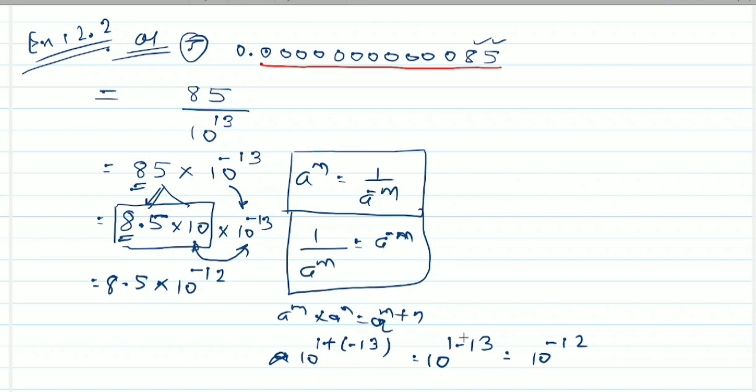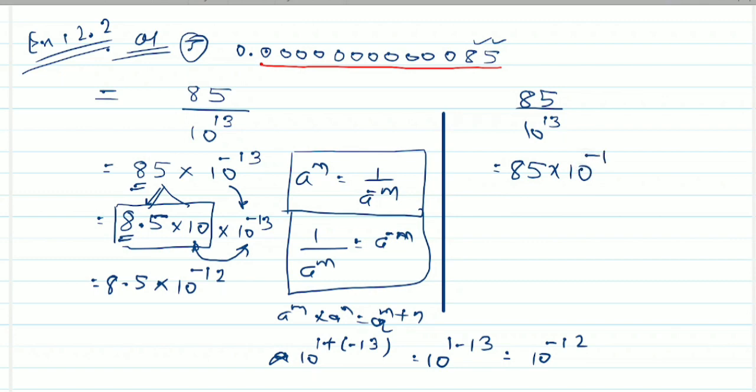Now I am going to tell you how we can write this answer in short without doing a lot of steps. We do this step first: 85 by 10 raised to 13. Then we take this 10 raised to 13 in the numerator and the sign of the power is changed. Now give the decimal point after one number, that is after 8, and as there is only one digit after the decimal point, consider this as 13, forget the negative sign, and reduce this by 1.